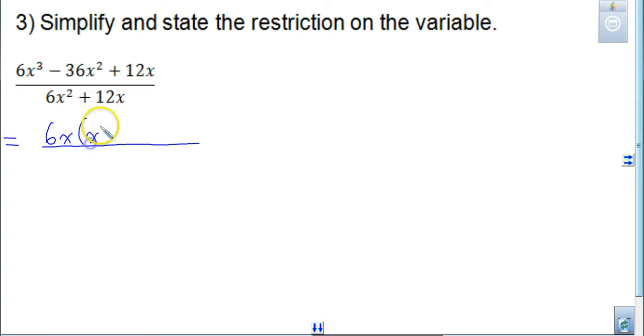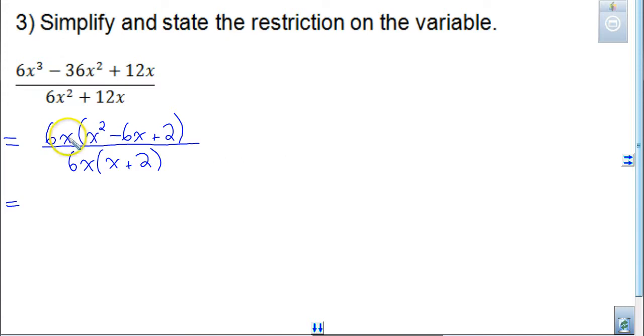So I'd be left with x squared minus 6x plus 2. Now, in the denominator, 6x squared plus 12x, I can also factor out a 6x, and I'd be left with x plus 2.